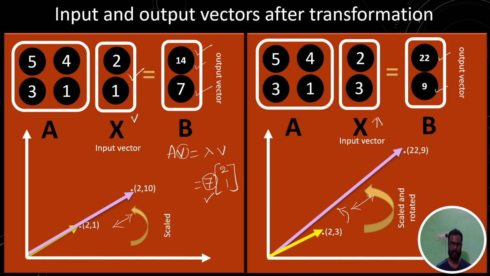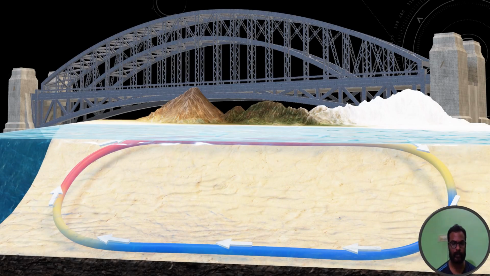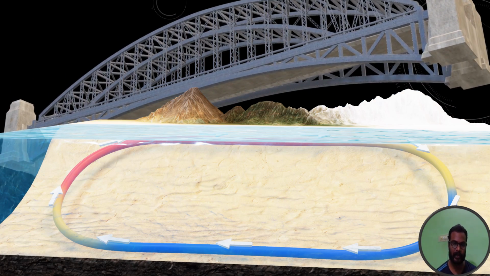I think you have understood the difference between non-eigenvectors and eigenvectors. Let us take one more practical example in real life. If you take a certain hanging bridge, what happens if more vehicles than its capability are passing through it? The bridge will shake.